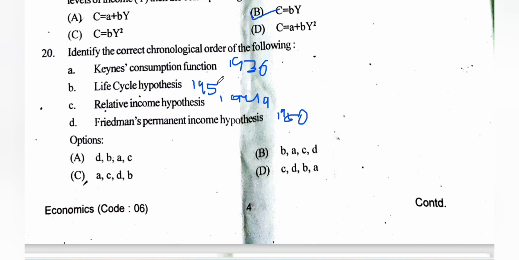So the correct chronological order is A, then C, then D, then B, which is in option C, A, C, D, B. So the correct answer is option C.